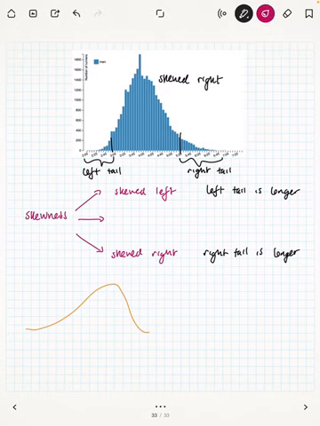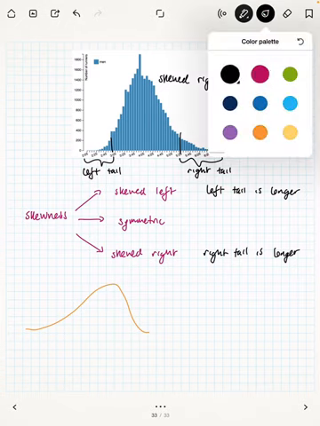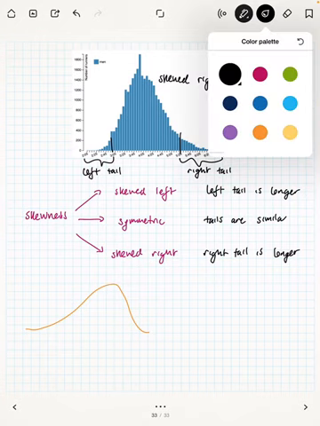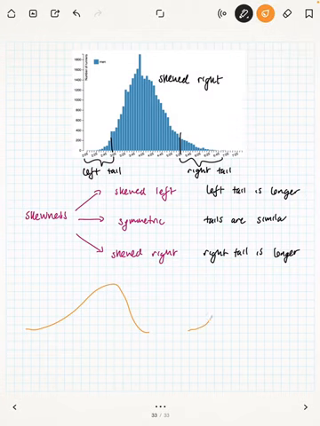And when I said the absence of both, or sort of not skewed in either direction, we would call that roughly symmetric, okay? So symmetric is when the left tail and the right tail are about the same. Tails are similar. And what that roughly means is that the center is right at the center of all the data.